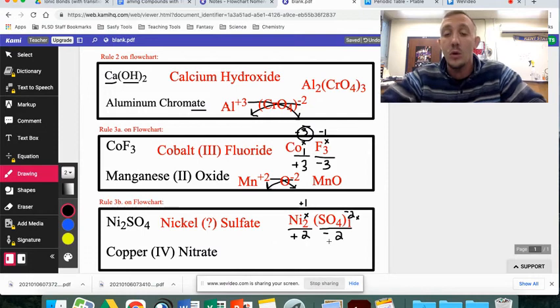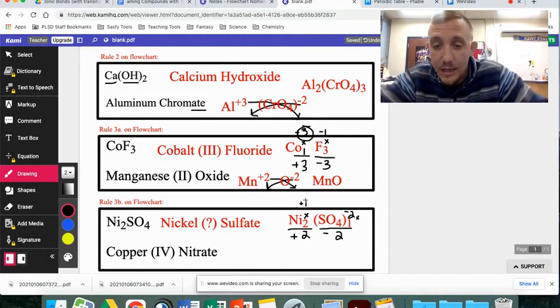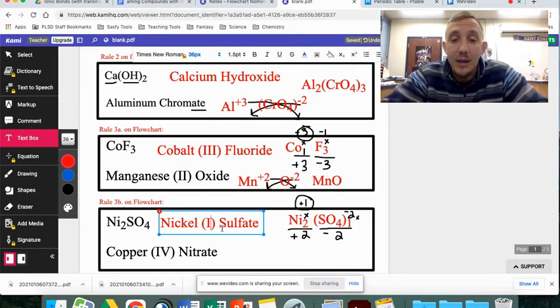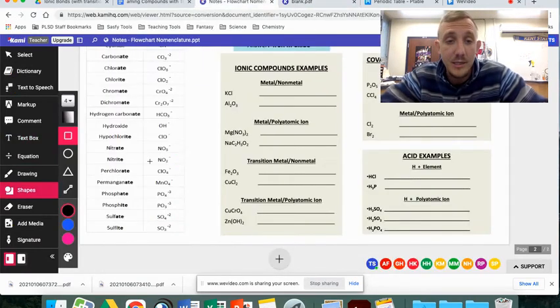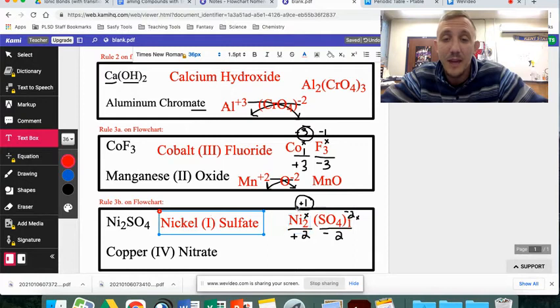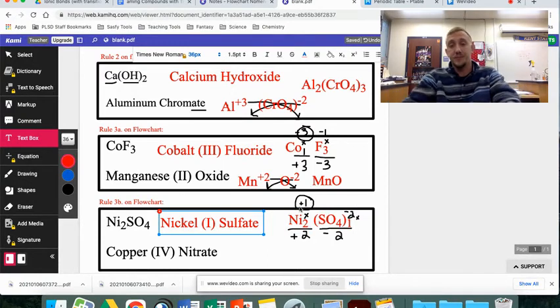It has to equal but be the opposite charge. They have to balance out. Because my nickel has a +1 charge, I now know my nickel needs to be a Roman numeral 1. We got that by finding what the charge of nickel is.